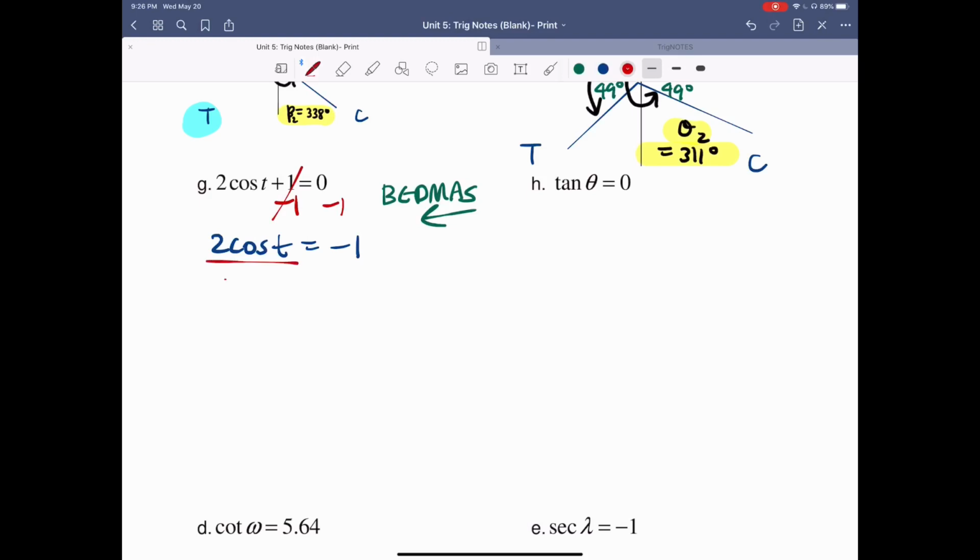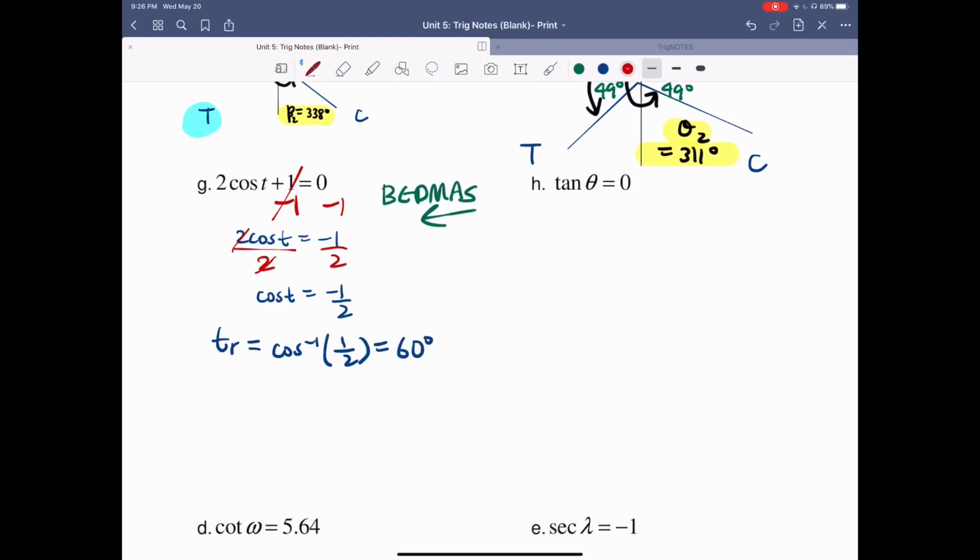I need to divide by 2 on both sides, and so cos t is equal to -1/2. So when I'm finding my related acute angle as my rough work, I find that cos inverse of just 1/2 is equal to 60 degrees.